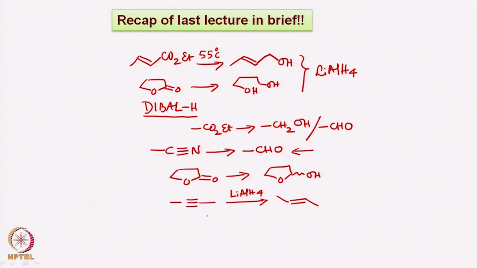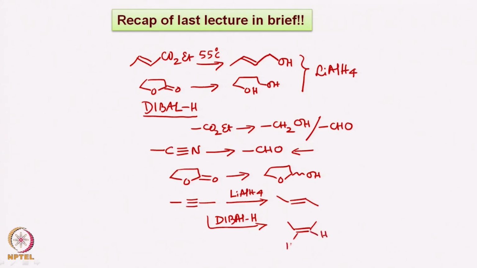And I mentioned that the same reaction can be done by using DIBAL-H, and it can be stopped at the olefin stage, but then the olefin can be cis olefin.